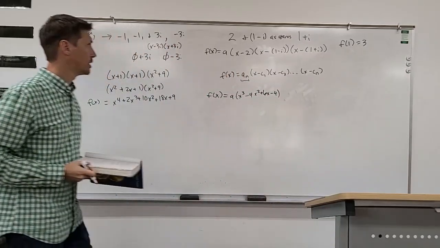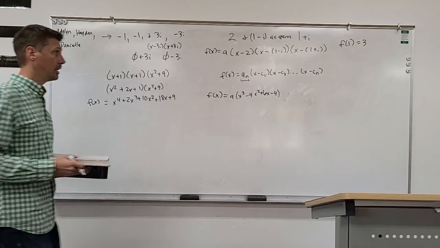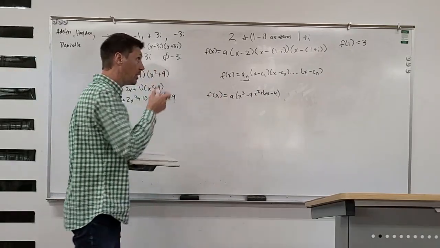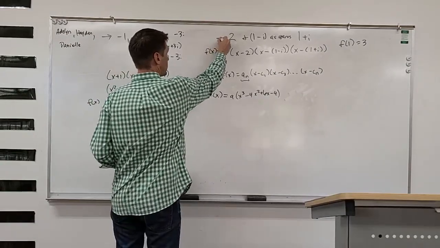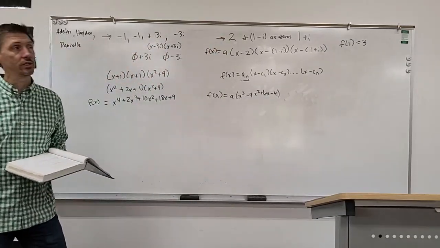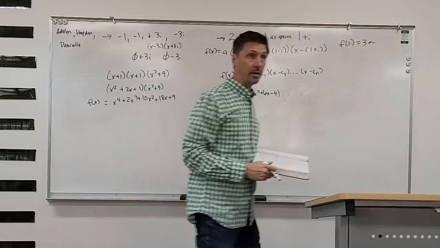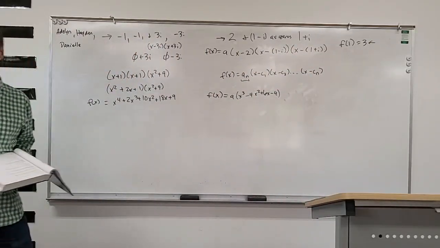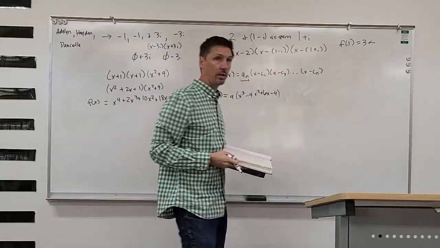All right? So this is a cubic polynomial function, and if I set a equal to 1 right here, it would be a cubic polynomial function that has these zeros. But it wouldn't necessarily be a cubic polynomial function where if I plugged in 1, I would get 3. So that's why I'm having to figure out the value for a, because I need one specifically that will give me 3 when I plug in 1.